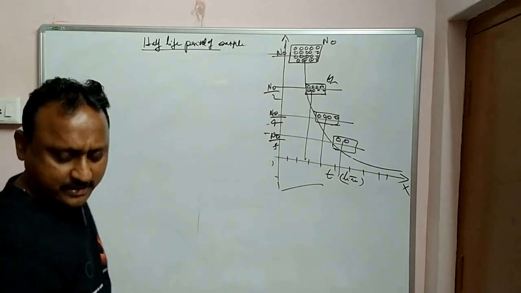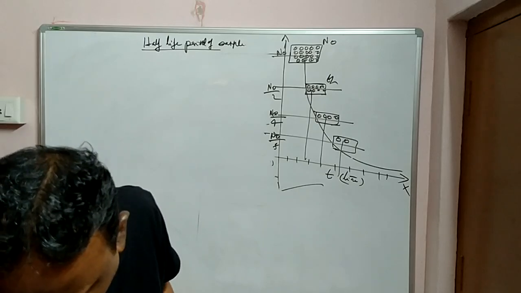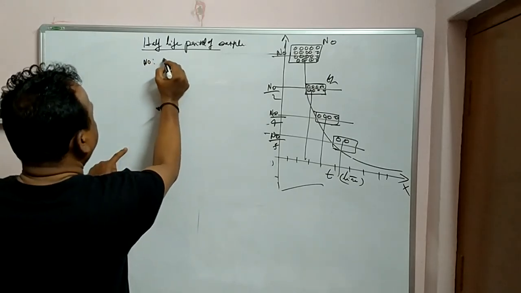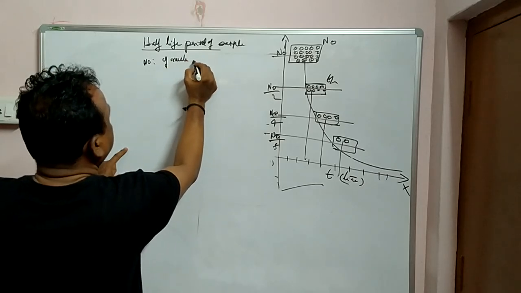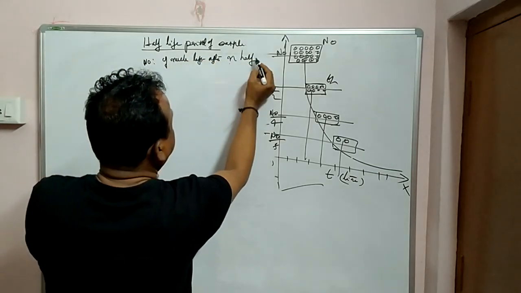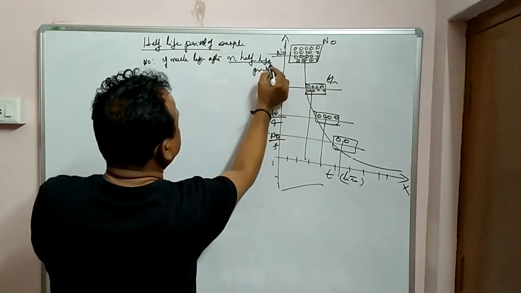Very very important. And you can also give one more formula for this, that is the number of nuclei left after n halves, that means n half-life periods.